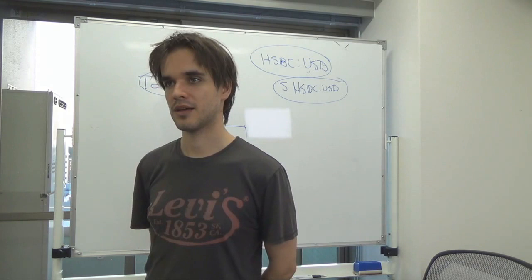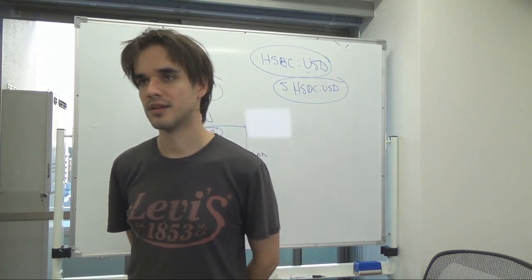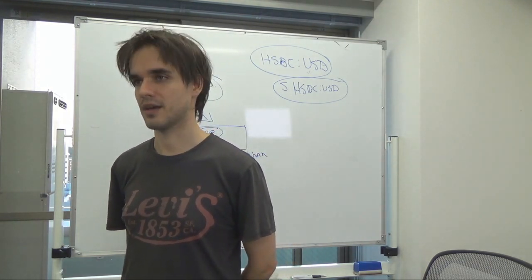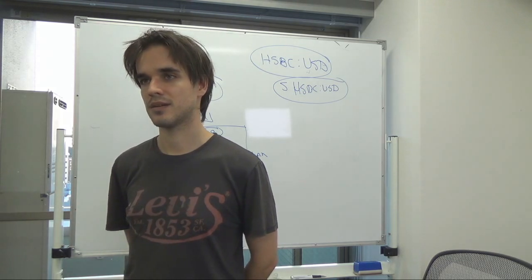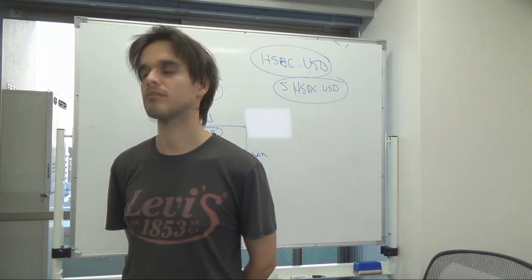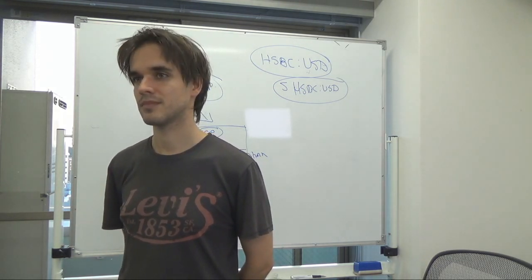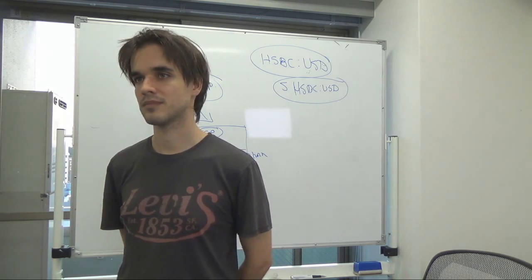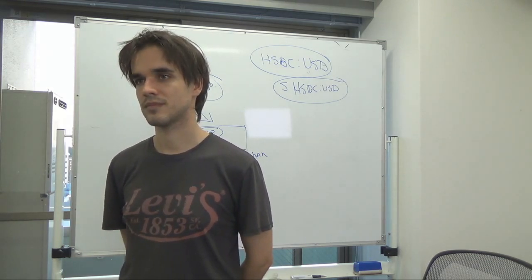You've got some kind of trust outside of the network, but that trust can be distributed among a lot of different oracles. All that stuff you can do with Bitcoin right now, and you could also do with colored coins in just the same way.